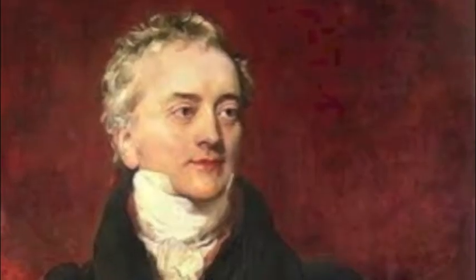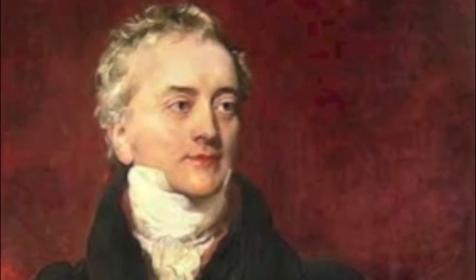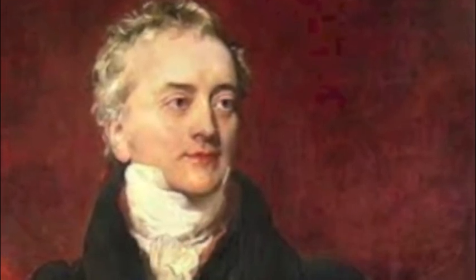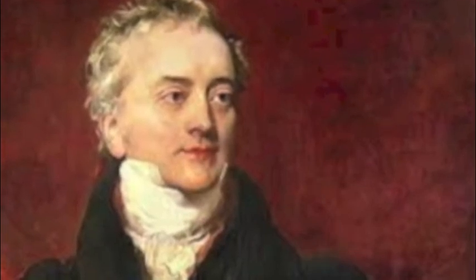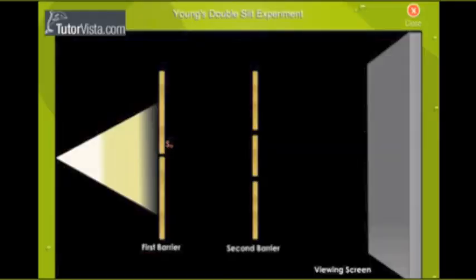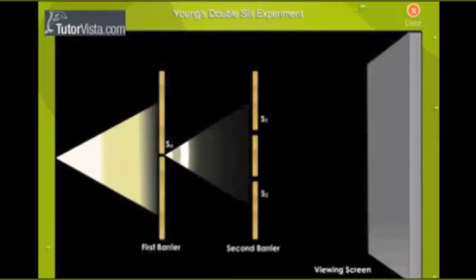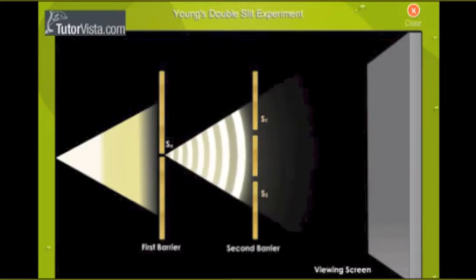Thomas Young was another scientist around the 18th or 17th century. He also had another genius experiment to prove what light travels in, and he supported Huygens's theory. This is the double slit experiment. When the light passes through the first slit, it creates a waveform.